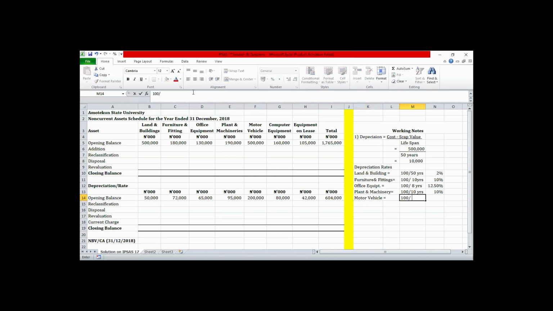That one will provide us 20%. Then the next one, computer equipment. 100 divided by how many years? By 10 years. That one will also give us 10%.